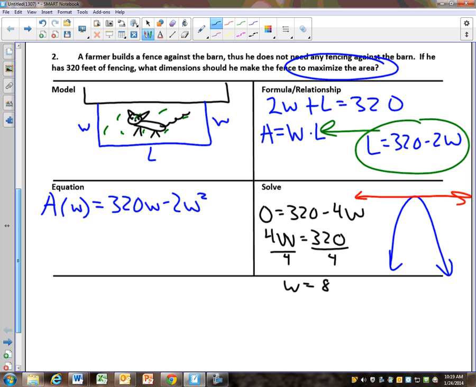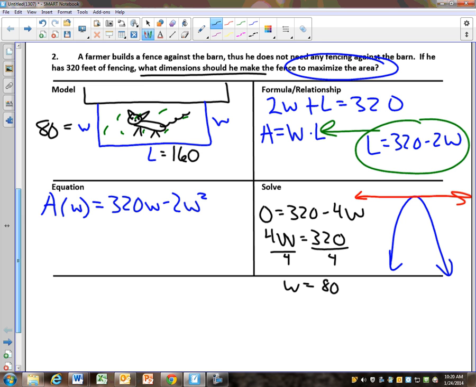W equals 80. So if W is equal to 80, the question again says, what dimensions should he make? Plug it into this portion here. Length is equal to 320 minus 2W, so L is 160.